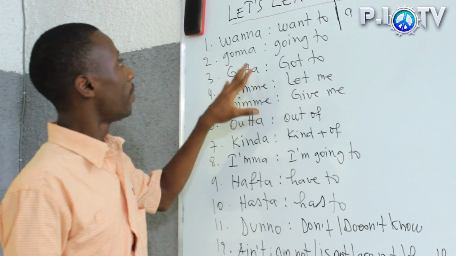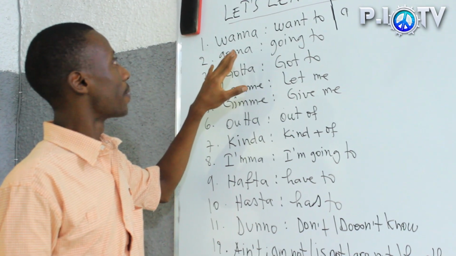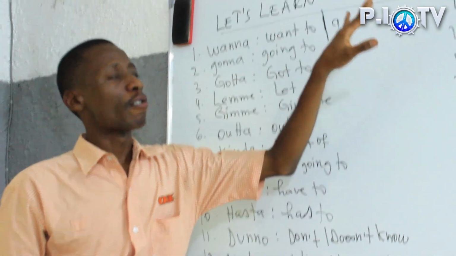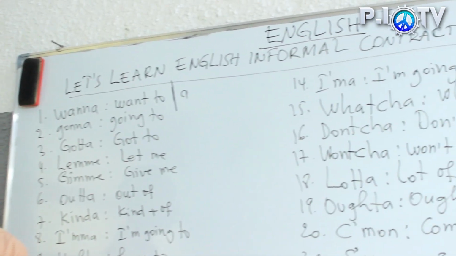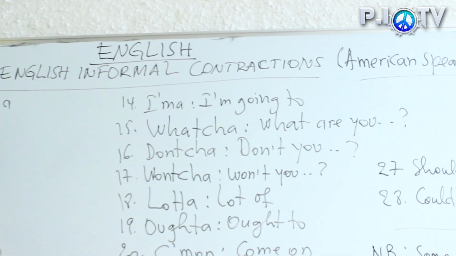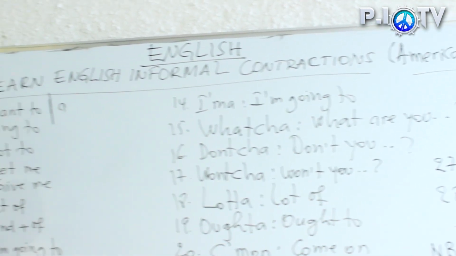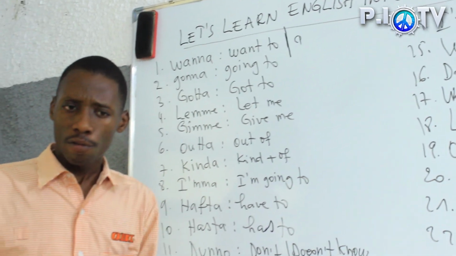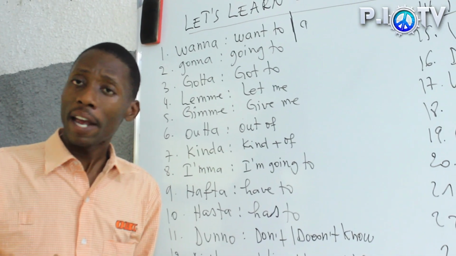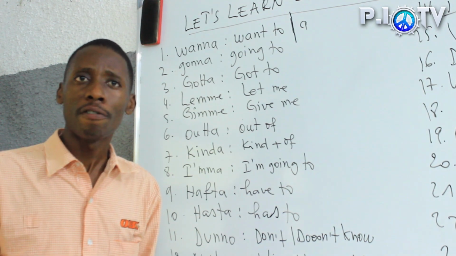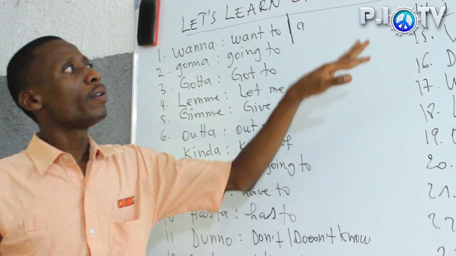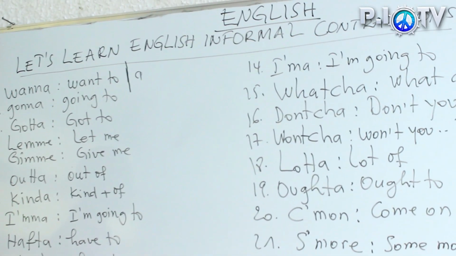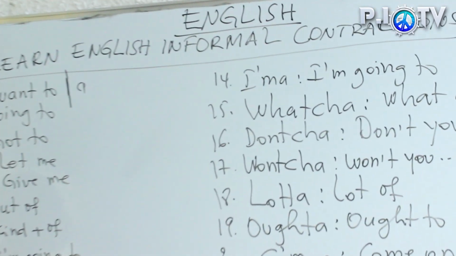Let's come directly to today's lesson. Today's lesson is about English informal contractions. Let's try to understand what informal means. Informal is the opposite of formal, something that is not appreciated by everybody in society. Contractions come from the verb to contract, which means making something short.